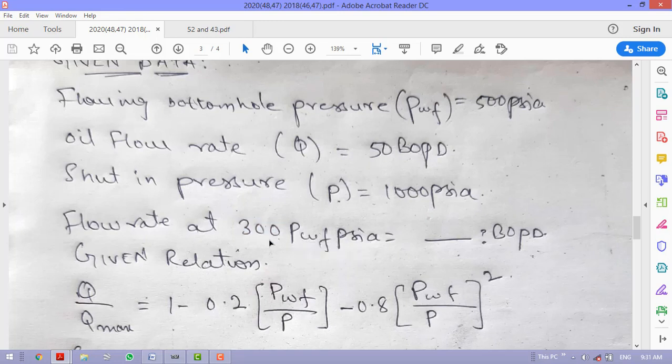So in general, using 50 barrels per day at 500 psi, we have to find the maximum production that a well can produce. Then, having found the maximum flow rate, we can use that data and the PWF of 300 psi to find Q.